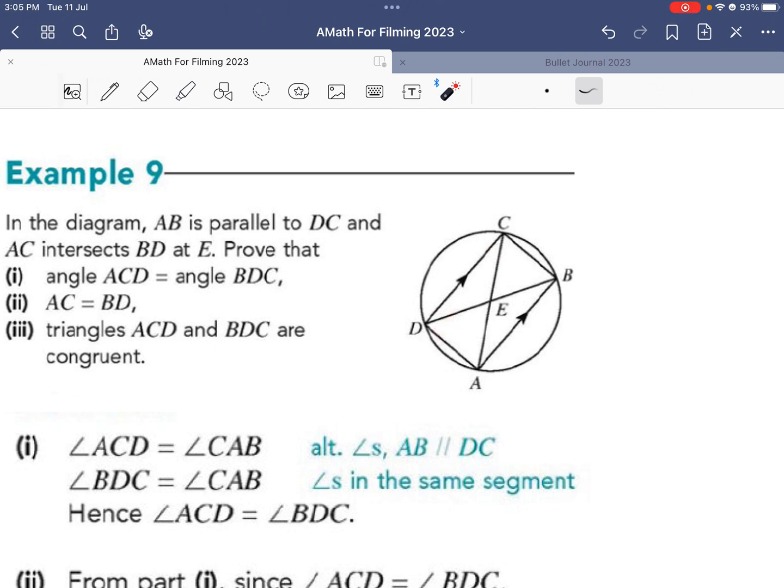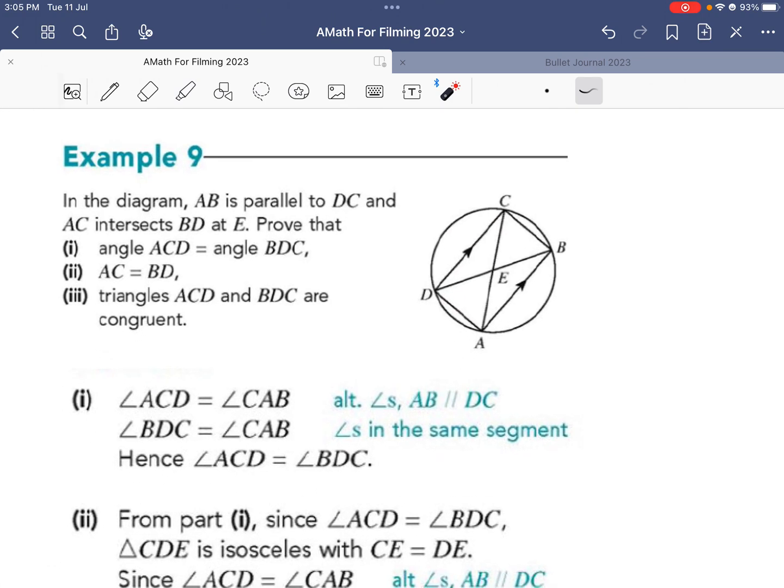So basically this angle and this angle are the same. What we can do is this. First, I'll say that angle ACD and angle CAB are equal. Let me just show you what is happening here. This angle and this angle here and here are equal. Why are they equal? Because of alternate angles.